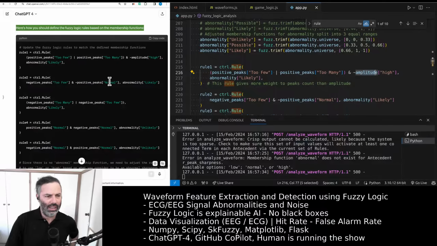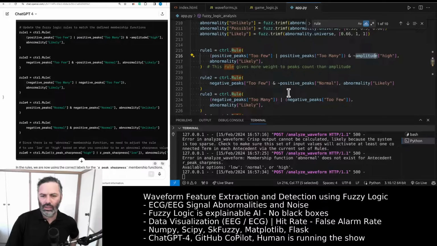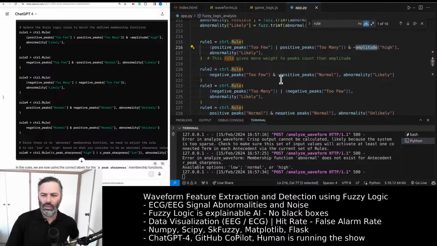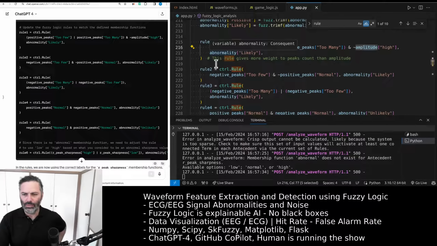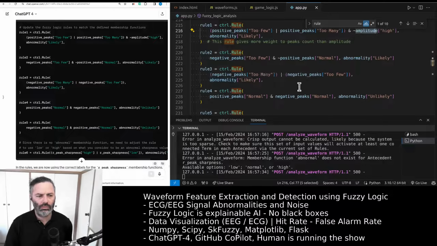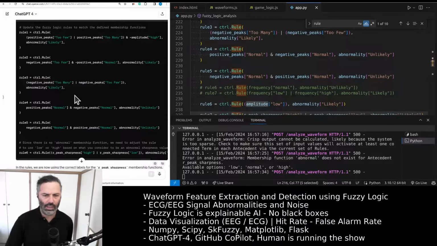The abnormality is likely, too few, normal, likely. Yeah, those two rules probably could be combined, couldn't they? Okay, normal is unlikely. Rule 5.